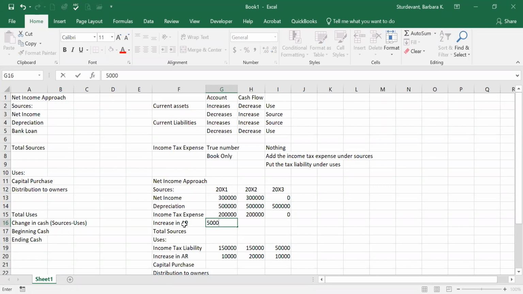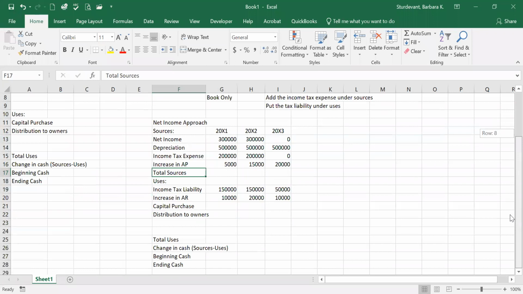Now instead of spending our money, we are keeping our money and buying on credit. Okay, then we have an increase in inventories. Source or use? A use. What kind of an account is it?